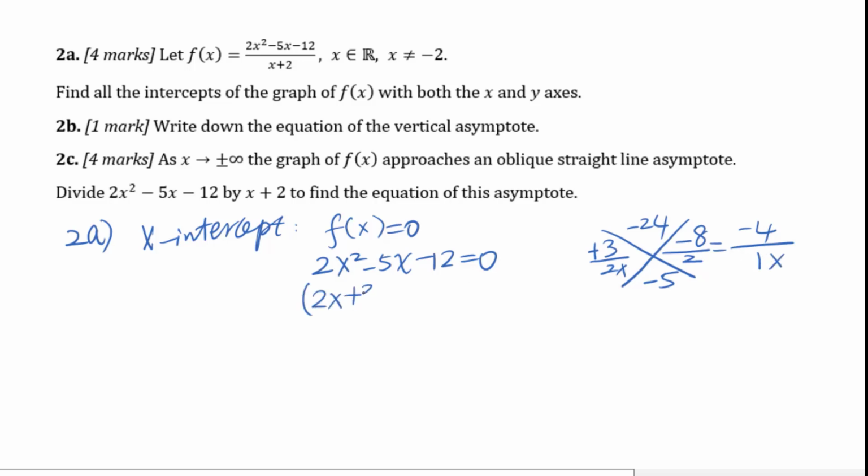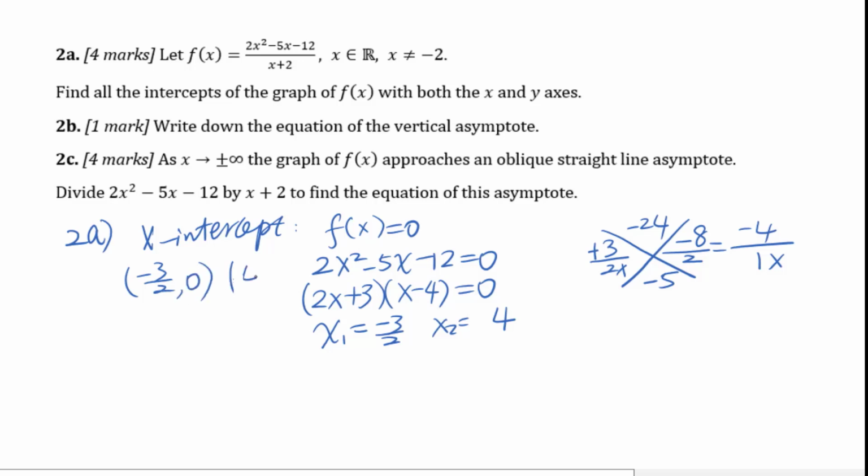2x plus 3 times x minus 4 equals 0. So x1 equals negative 3 over 2, x2 equals 4. For the x-intercepts, negative 3 over 2, 0, and 4, 0.